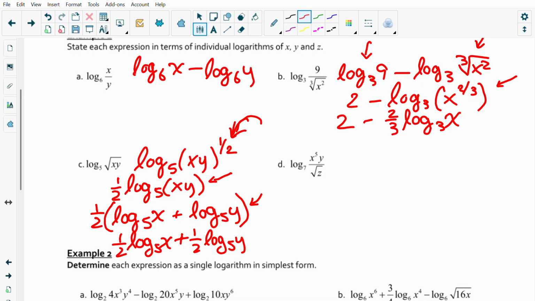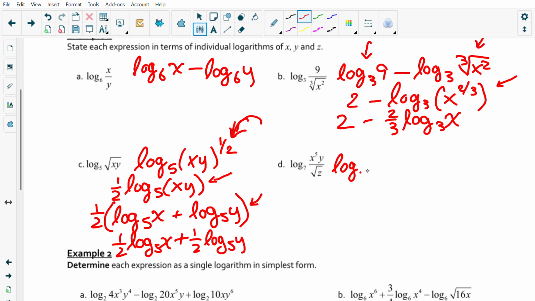Okay, next one. Let's ramp up the complexity here. Log base 7 of x to the 5th times y divided by square root of z. Let's start writing it. I have a product law on the numerator, and then the z in the denominator allows us to use the quotient law.